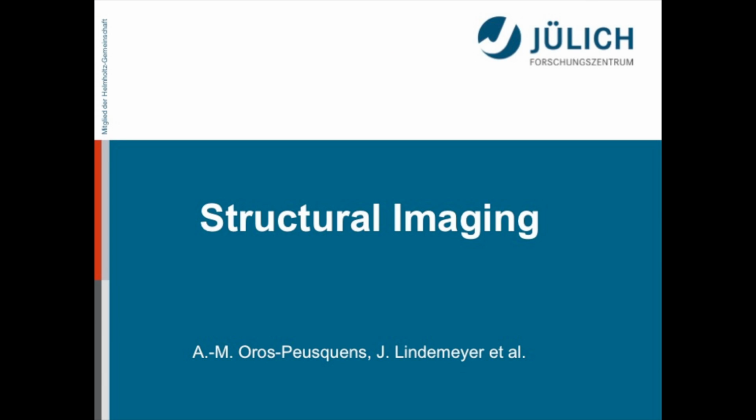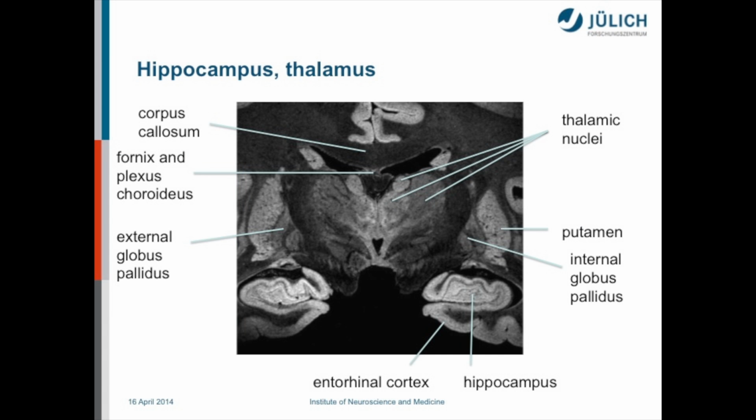So that's showing some results from the 9.4, starting of course with structural imaging. In our institute, traditional brain mapping is a very big area of research. We just want to get the highest possible resolution, regardless of the acquisition time and so on, that we can manage. We started with a post-mortem brain, and it looks like this, 120 micron isotropic.